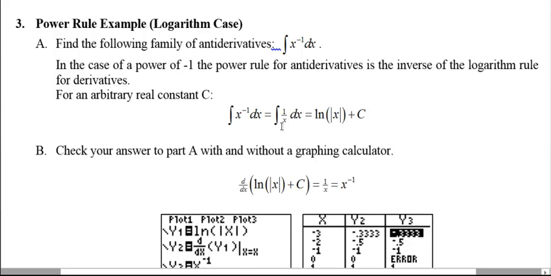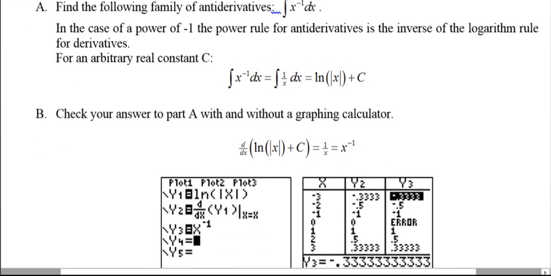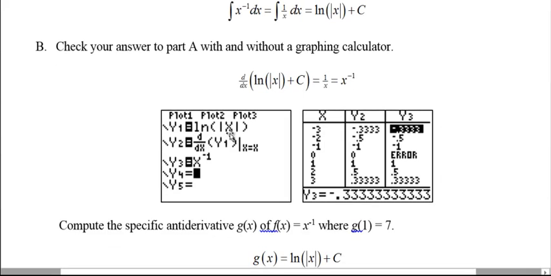So that does check out, and once again we can also use the calculator to check it by putting our answer in, ln absolute value of x. Again, you can put a plus a particular number there if you want, or not, and then the derivative of y1 is y2, and then we make sure that our tables for y2 and y3 match, and they do.